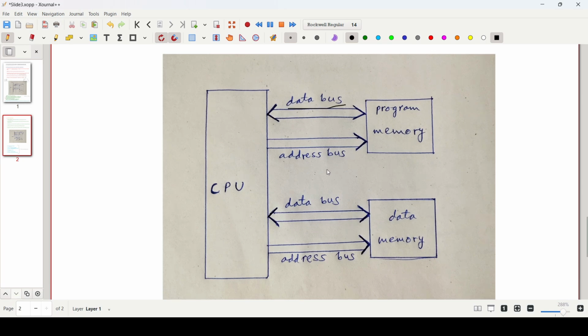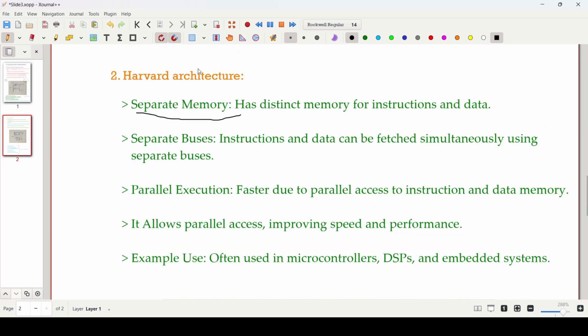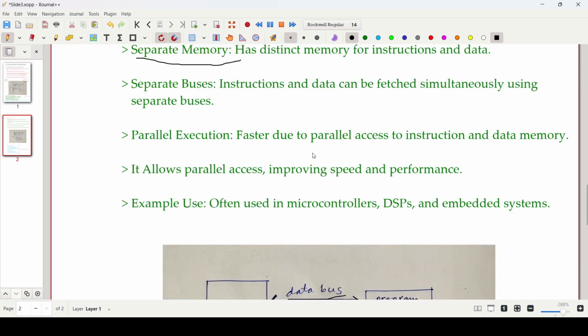There is a separate data bus for program and a separate data bus for data, and a separate address bus for program instructions and a separate address bus for the data memory. So this is the difference between the Harvard architecture and the von Neumann architecture. It allows parallel execution, which is faster due to parallel access to instruction and data memory.